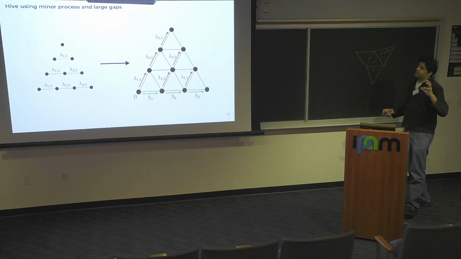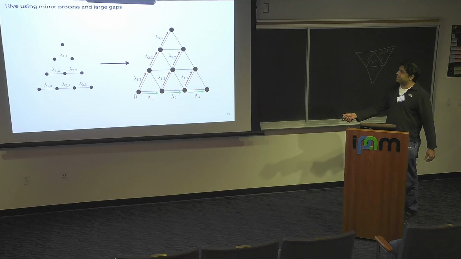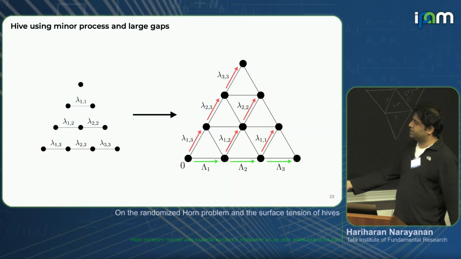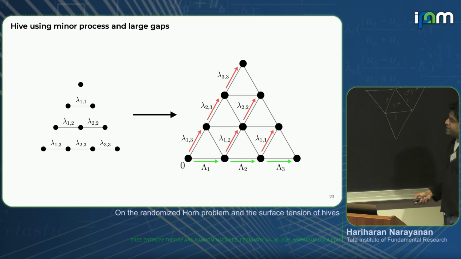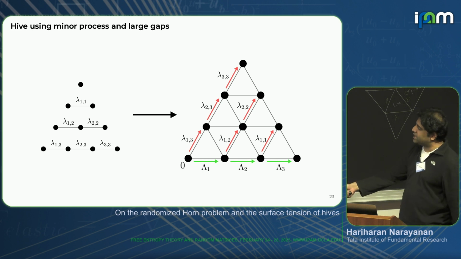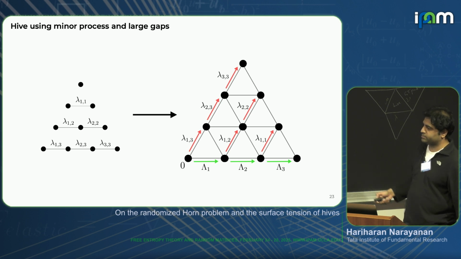So basically, we are embedding the Gelfand-Tsetlin polytope inside a hive polytope by giving it sufficient leeway here. And conversely, every such hive with these large gaps will correspond to a Gelfand-Tsetlin pattern if you just look at the x derivatives here.